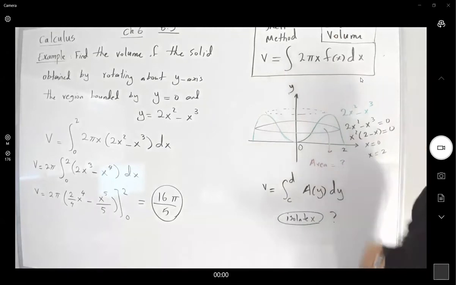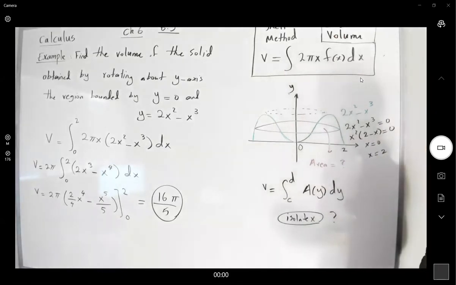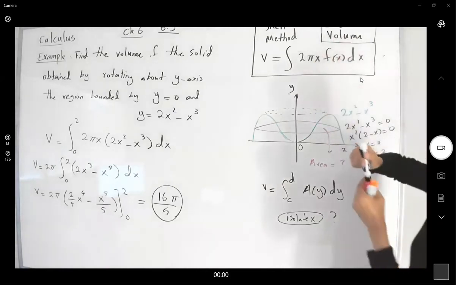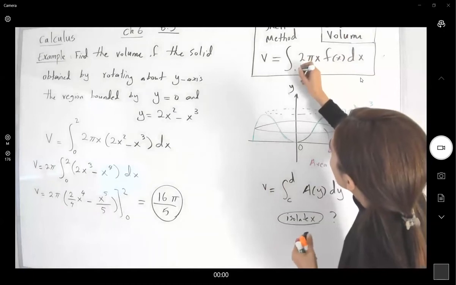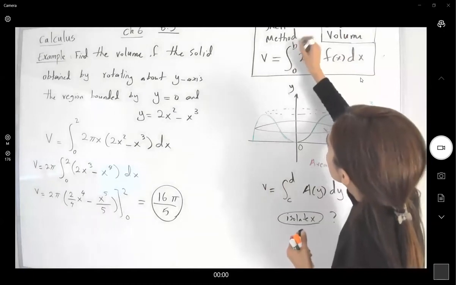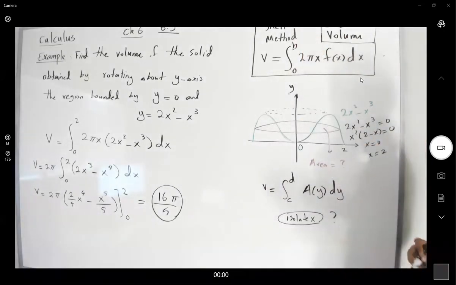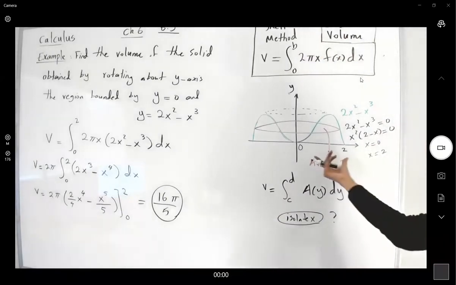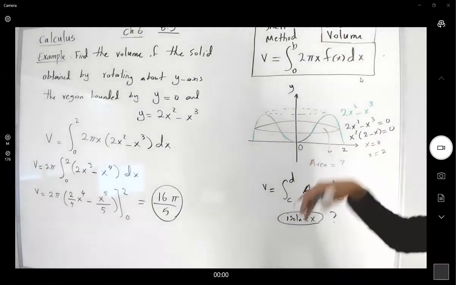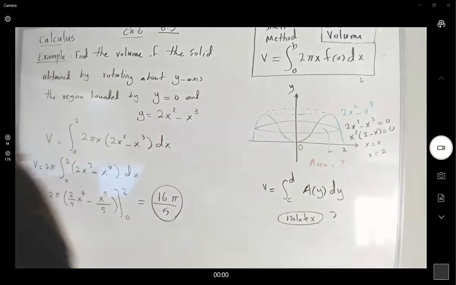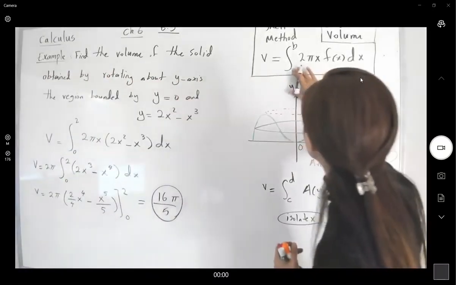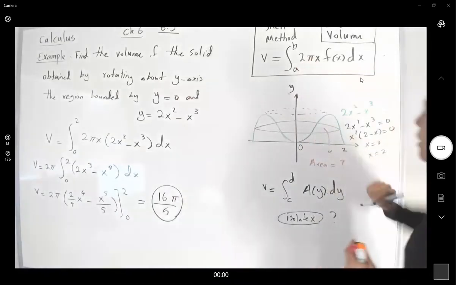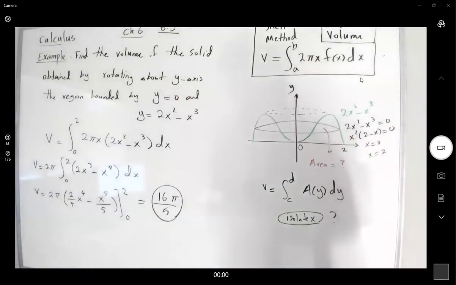The volume is the definite integral from a to b, depending on what the boundaries are, of 2 pi x f of x dx.